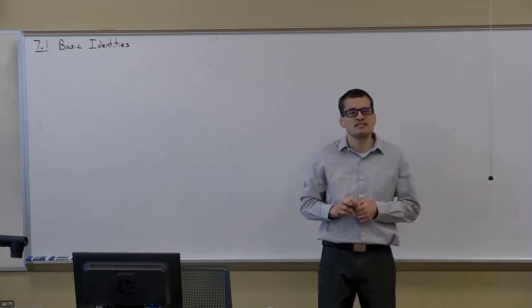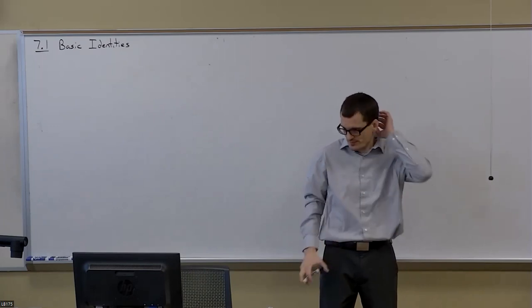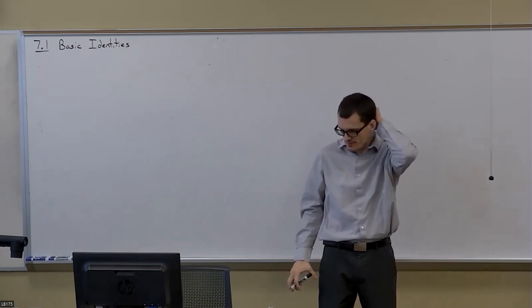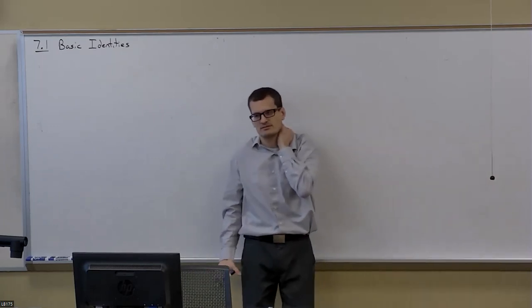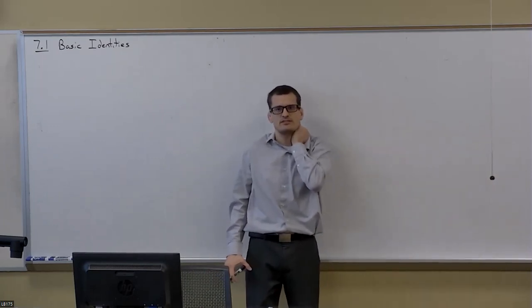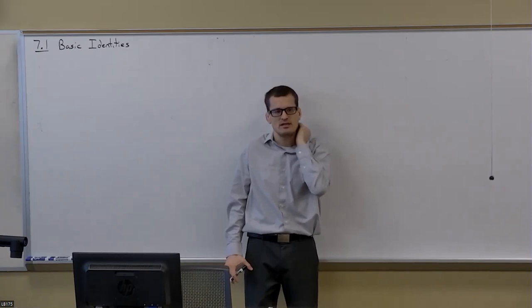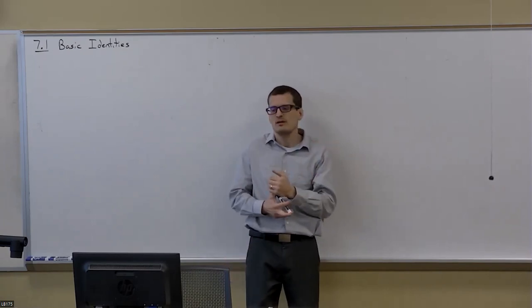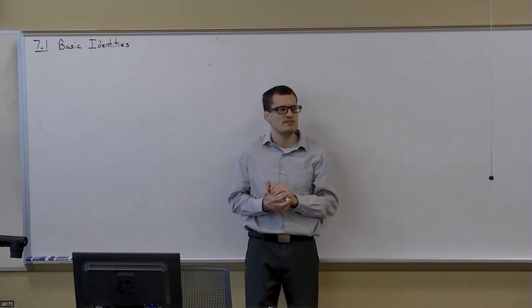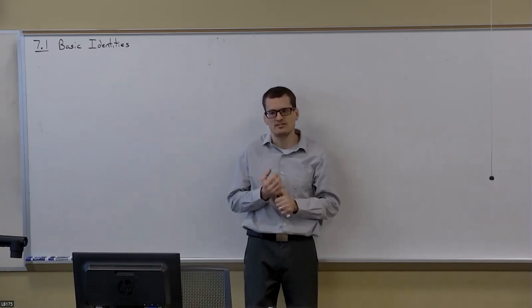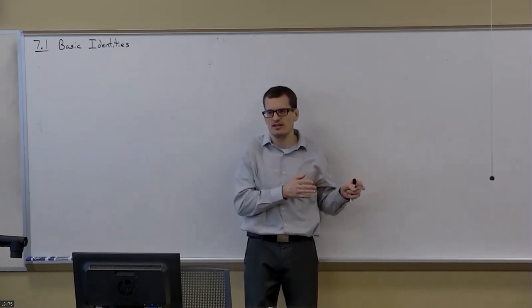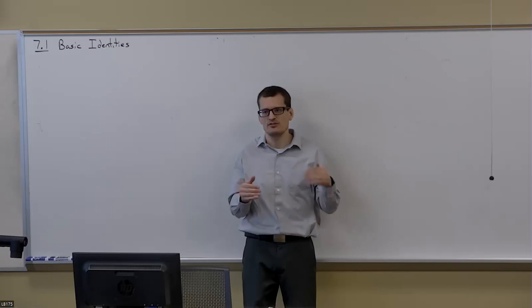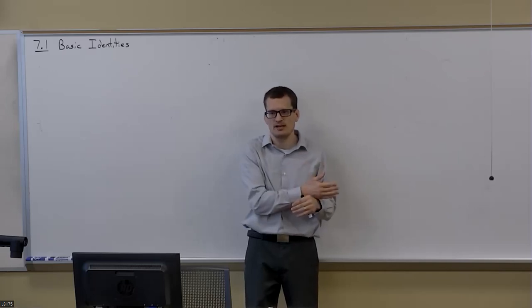So we're going to have lots and lots of trig identities. And sometimes people get flustered in chapter 7 because the types of questions that we ask aren't necessarily one process oriented, like you do step 1 and then you do step 2 and then you do step 3.